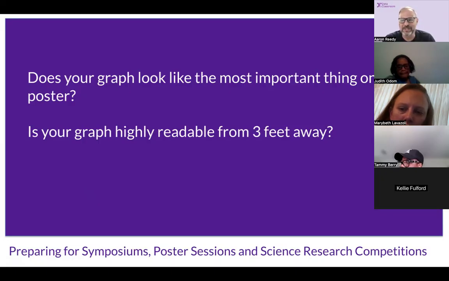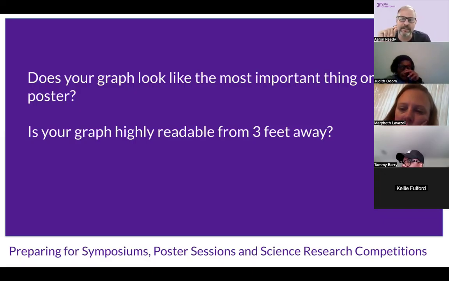So, is that very apparent right when you look at it? Even if you've never seen a science research poster before, and you don't know what's going on, just because of the space allocated to it or the position of it, you should be able to look and say, okay, that graph is clearly a really important thing there. And as a follow-up to that, is your graph highly readable from 3 feet away? Are all the axis labels clearly readable from 3 feet away?